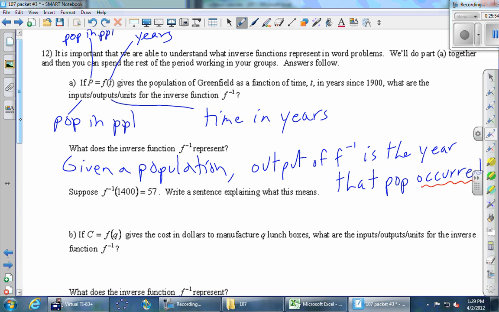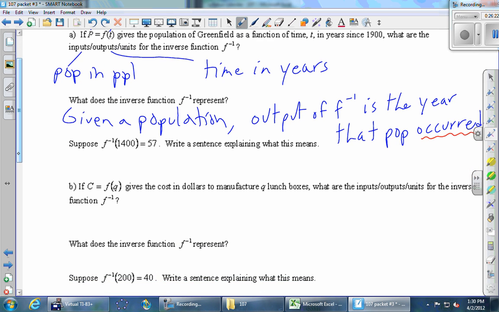And what are the inputs for f inverse? It's population. So 1400 is 1400 what? Years. Is it 1400 years? It's the population. That 1400 is the input for f inverse. So 1400 people, and what's that 57? 57 years after the 1900. So said another way, 1957.